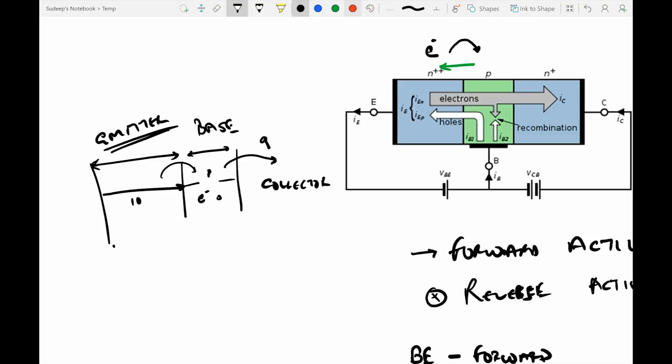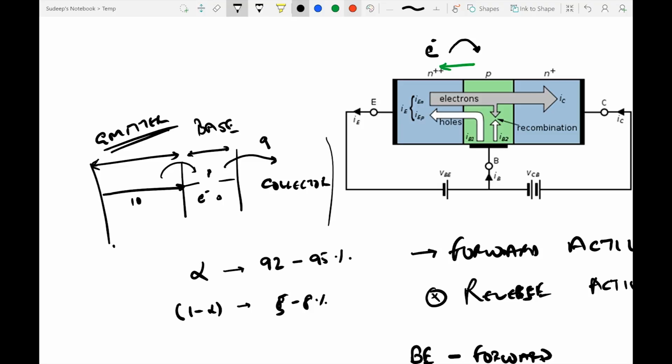Depending on the specifications of the transistor, we would say alpha is the percentage of electrons that cross over to the collector, usually around 92 to 95% approximately. 1 minus alpha is the share of electrons recombining in the base region, which is 5 to 8% only.